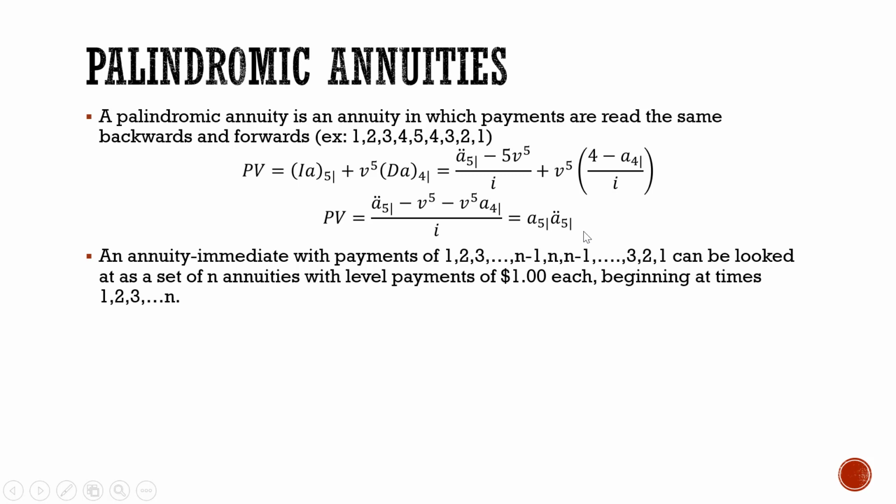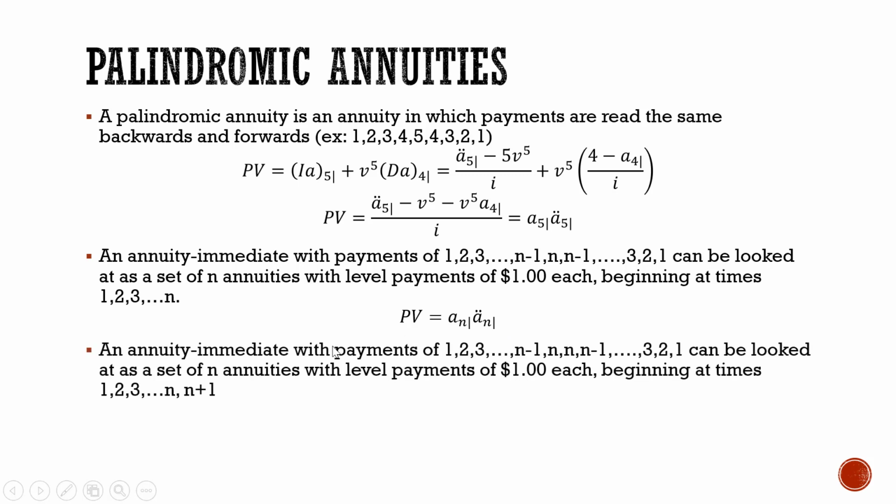Next, in general, an annuity immediate with payments of 1, 2, 3, n minus 1, n, n minus 1, 3, 2, 1 can be looked at as a set of n annuities with level payments of $1 each, beginning at times 1, 2, 3, n. So the formula for this annuity immediate is an times a double dot n. If this is annuity due, we have a double dot n times a double dot n.